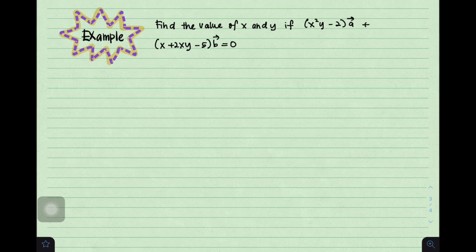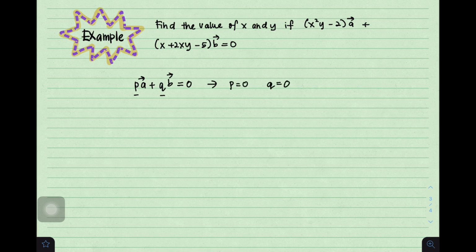Okay, let's say this example. Find the value of x and y if (x squared y minus 2) vector A plus (x plus 2xy minus 5) vector B equal to 0. Okay, so before this, in non-parallel vectors, we have seen that if you have P times vector A plus Q times vector B, where P and Q are both scalars, and you get equal to 0, it means that you have P equal to 0 and Q equal to 0 as well.